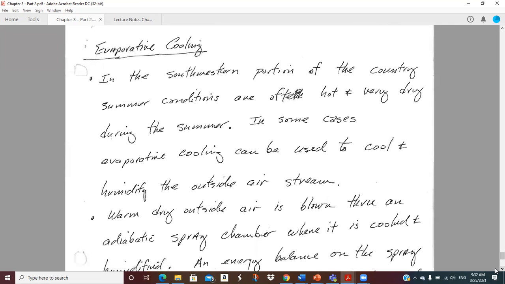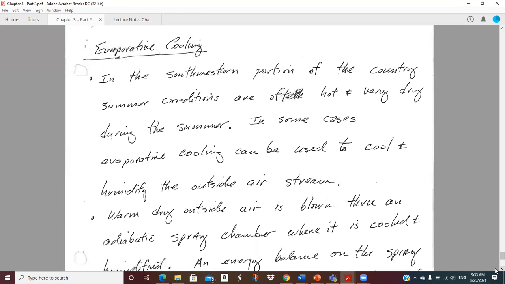And that evaporation process brings on enough cooling that we can actually cool a house. And it's so dry in the Southwest that they want the water vapor in the air as much as they want the cooling. So it's a double win-win situation.